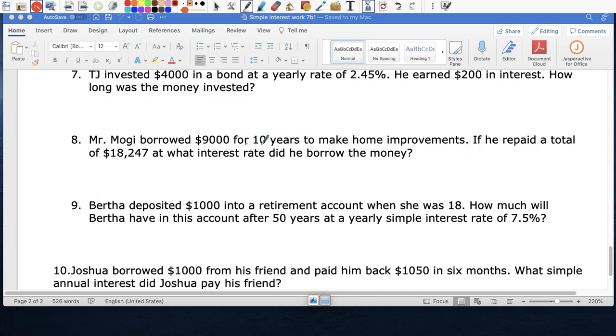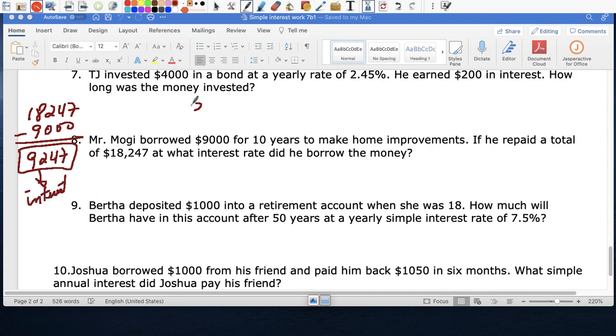So he borrowed $9,000 for 10 years, and after he paid everything back, it was $18,247. That includes the $9,000 that he borrowed. So let me take the $9,000 out. If you take the $9,000 out, it means that $9,247 was in interest that he paid the bank.